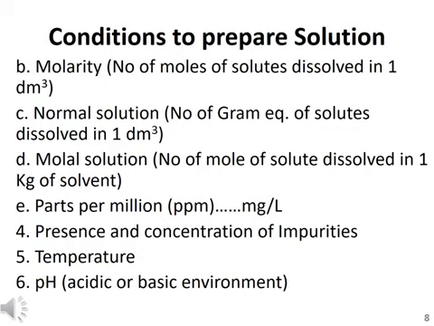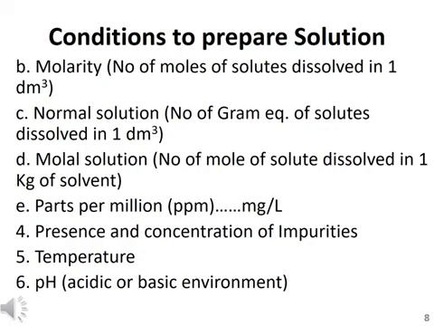And the next very important factor for gravimetric analysis is the temperature, because temperature has a significant impact on the reactivity in the gravimetric analysis. And the last parameter is pH.